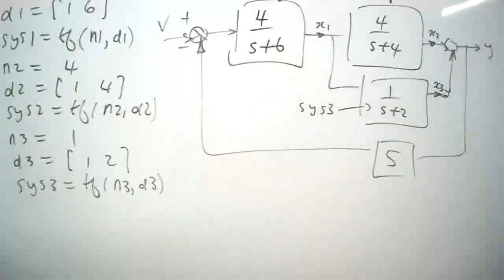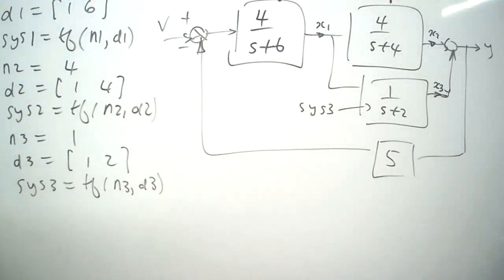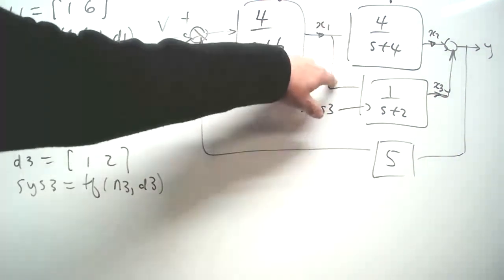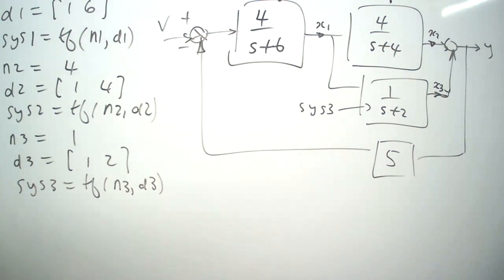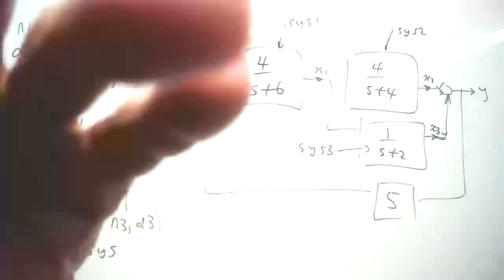Now I've got that much space, so I'm going to have to fit the code in here somewhere. Now next one is, remember we had to convert these, didn't we, into one block. Because they're in parallel, you can use the plus. So you can say now sys4 equals, now the ones you want to add up are sys3 and sys2.